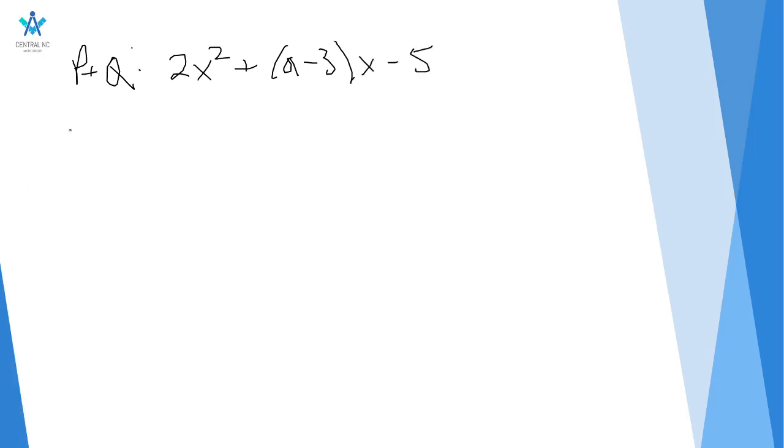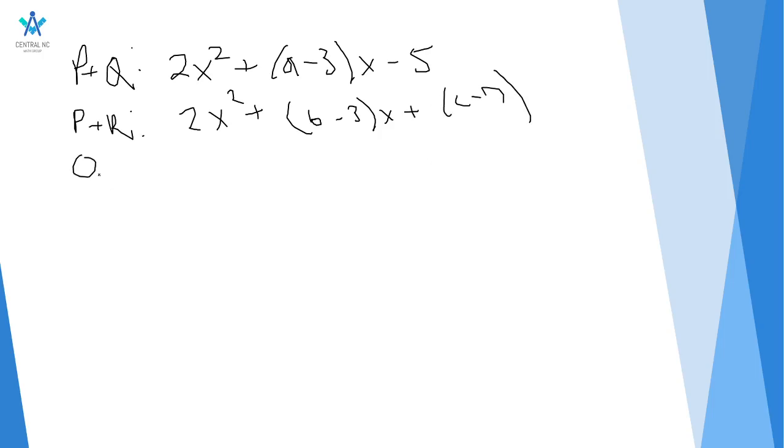Writing with the mouse is hard. So it's 2x squared plus b minus 3x plus c minus 7, and Q plus R: 2x squared plus a plus b x, plus c plus 2.